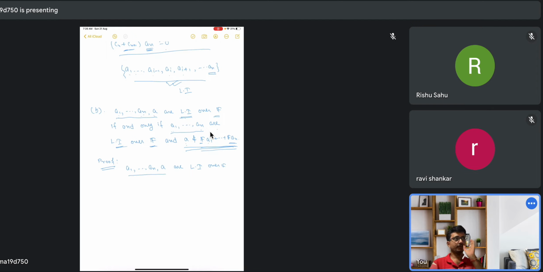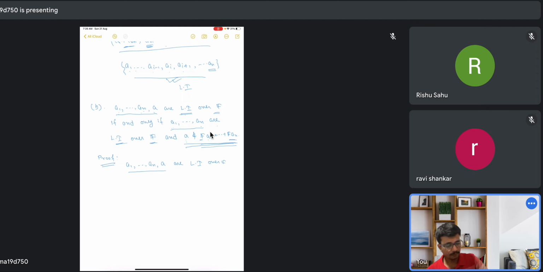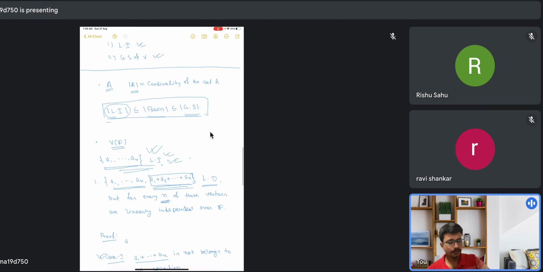Suppose some collection is linearly independent. If we take a sub-collection from here, suppose A1, A2, this sub-collection must also be linearly independent. Understood or not? Please try to understand my statement, then I'll go for the proof.